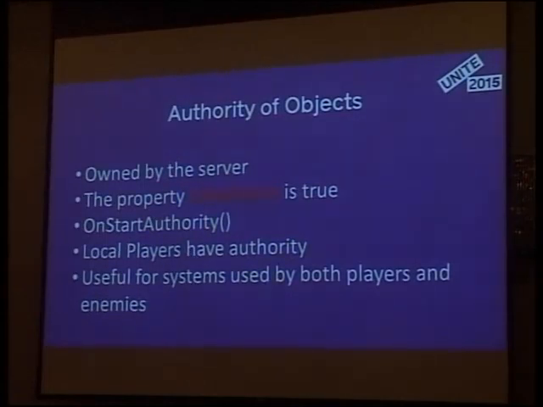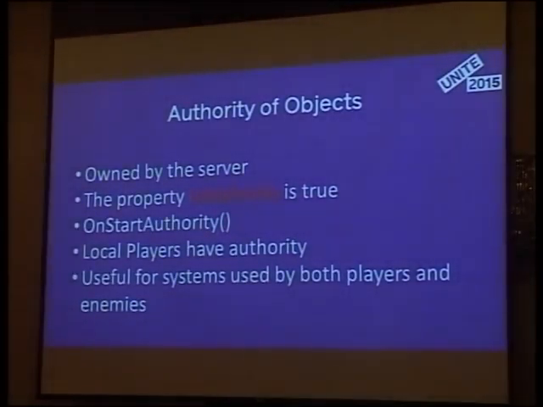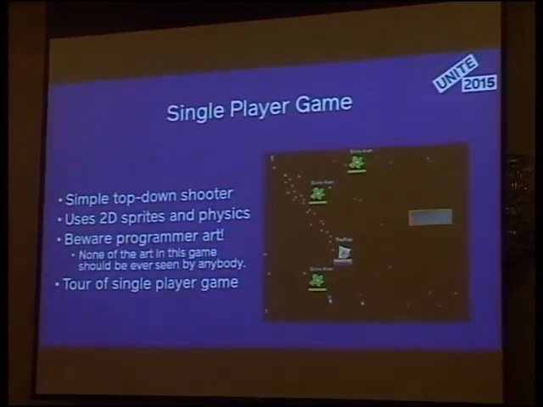And this is useful for systems that work on both enemies and players. So an animation system or a combat system might run on both player objects and monster objects. And it's useful for that system to know wherever it's running, whether it has authority at that particular time. Okay, so that's all the concepts.